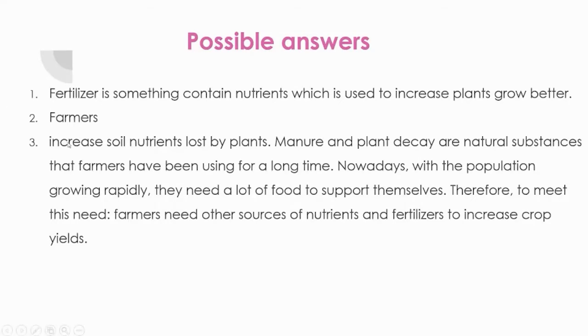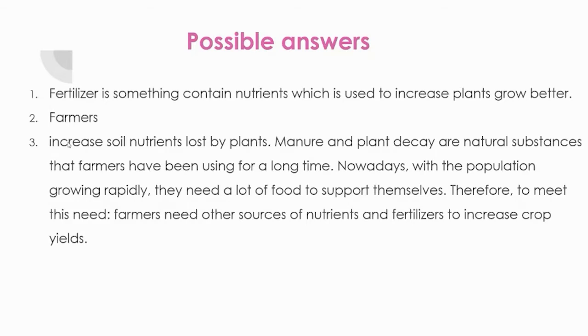Actually, it is because of population growth that the need for vegetables and products related to the farm, like fruit and vegetables, may not be enough. That's why they require a sufficient amount to meet the need, and they need more products to support it.